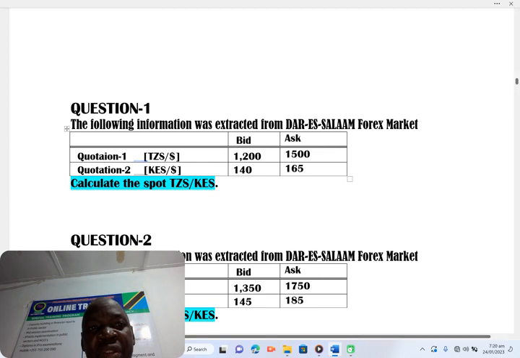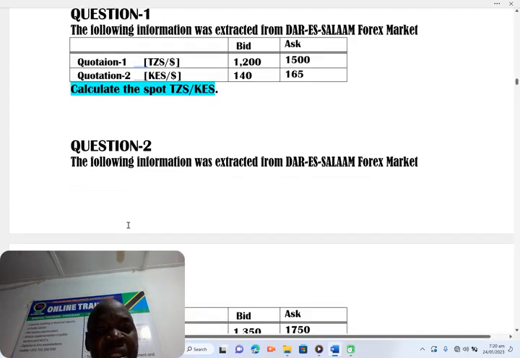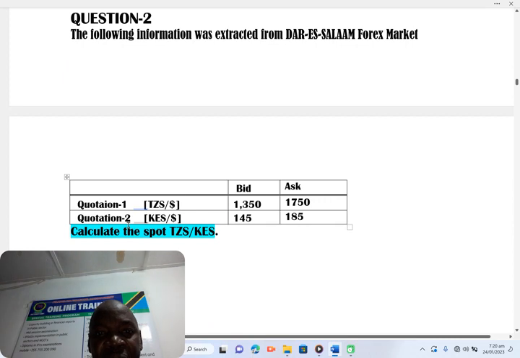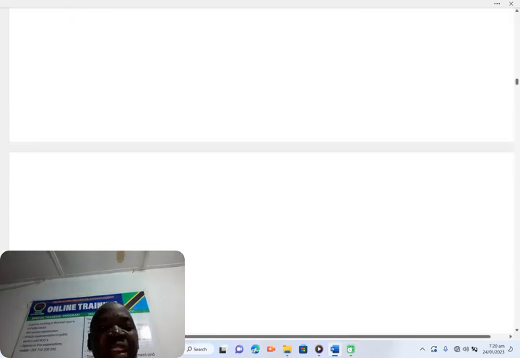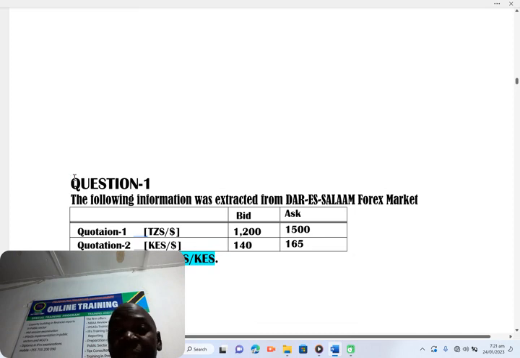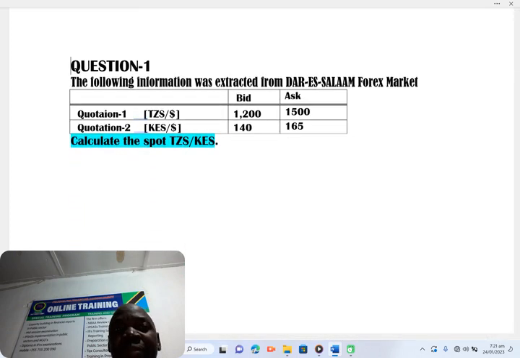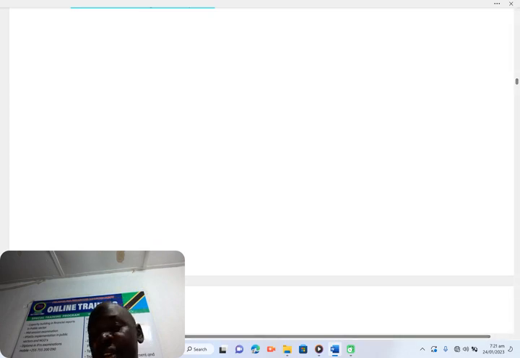Let me select one of the examinations. Which one is good? Let us use this quotation here. You see, this was an examination problem. This question here. Do you see clearly there?